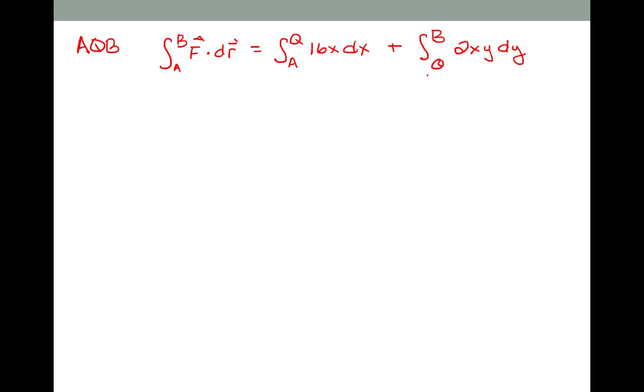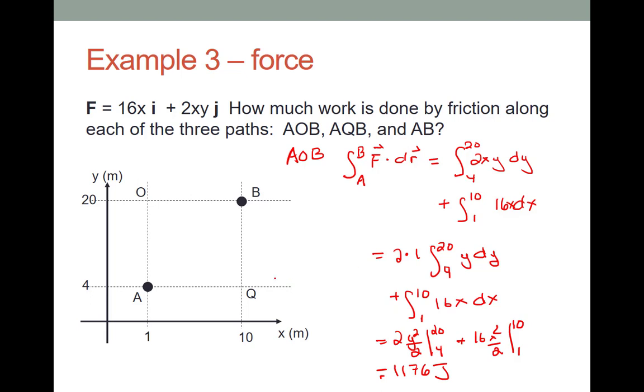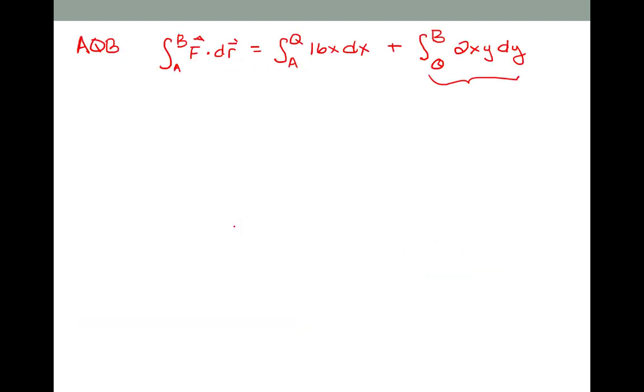For this integral, x is again going to be constant, but if we look, along Q to B, x is a constant at 10. So I'm going to have the integral from 1 to 10 of 16x dx plus the integral from 4 to 20 of 2 times x fixed at 10 times y dy.